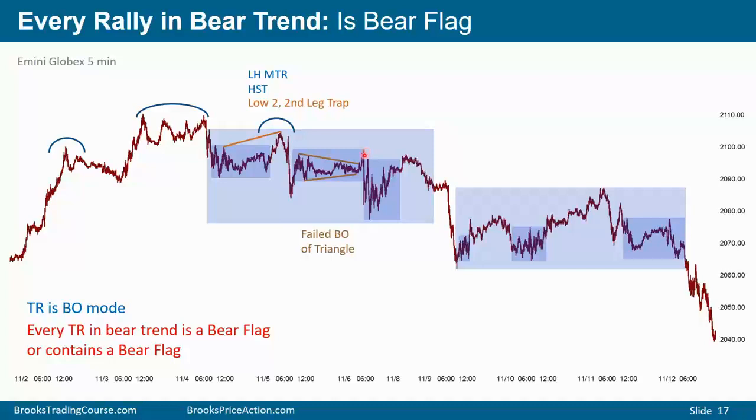We have a bull breakout of a triangle that failed. Double top, lower high double top. A wedge rally, so a wedge rally to a double top. All are bear flags, and the odds are the market is going to resume down.